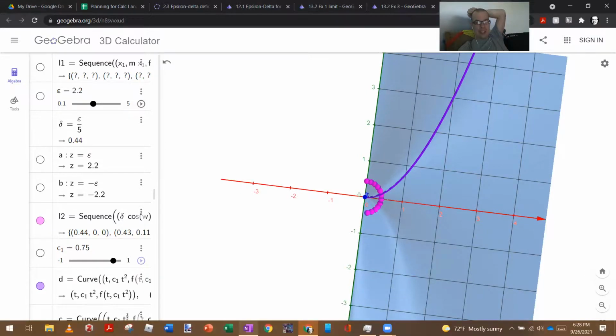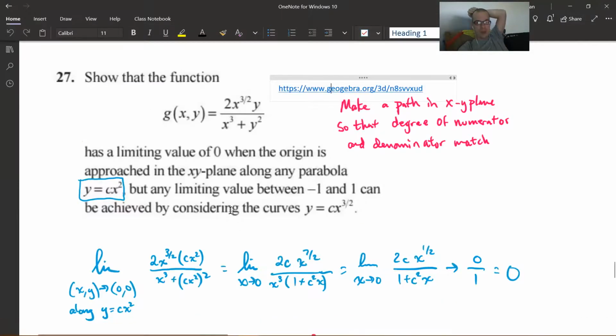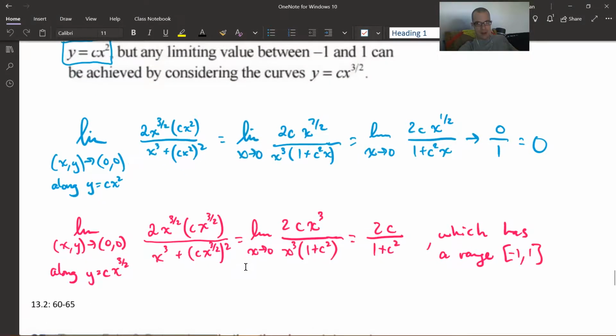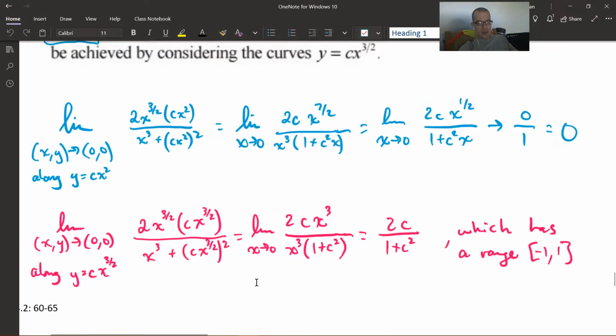But when we plug in the substitution y equals c times x to the 3 halves power, there's going to be some cool cancellation that goes on. Let me go ahead and zoom in a scotch. Here, if we plug this in, we still have x to the 3 halves, but when we multiply it times this x to the 3 halves, we're going to get x cubed on top.